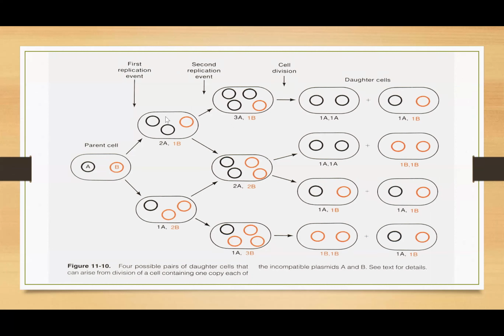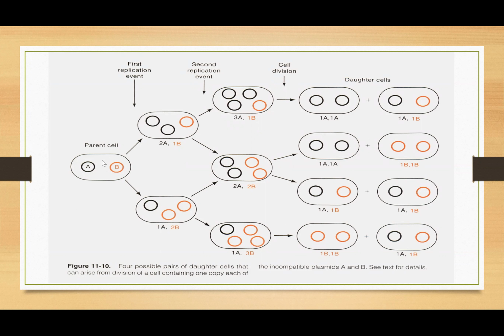When the repressor concentration goes down, then plasmid replication takes place. So when the first replication is taking place, there are two options for the cell. Either B will replicate and you will get this situation, or A will replicate and you will get this. So 2 to 3 and 3 to 4.